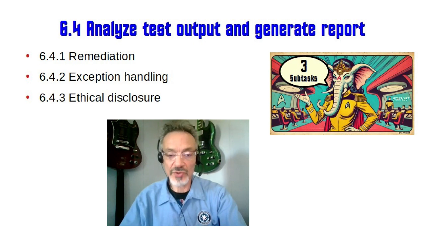Here we focus on a structured process for managing security exceptions, including risk assessment, approval, and implementation of compensating controls. And 3. Ethical disclosure. This covers the responsible reporting of vulnerabilities, ensuring that sensitive information is protected, balancing legal and ethical considerations. As with the other tasks, you notice they overlap with other areas, so the repetition always helps.